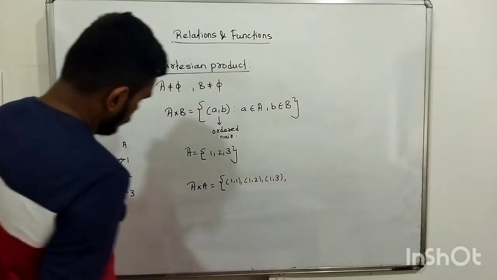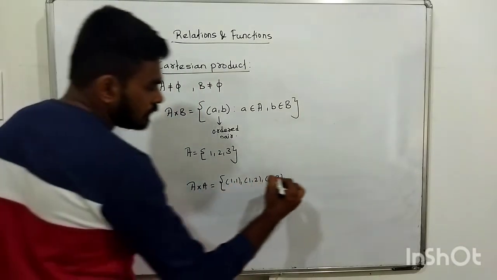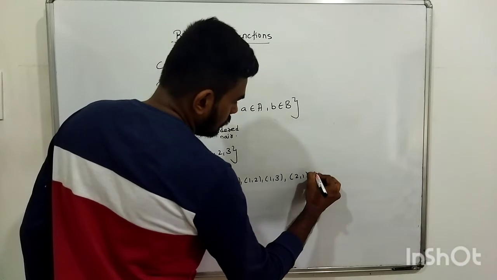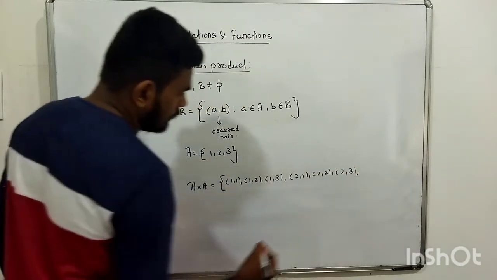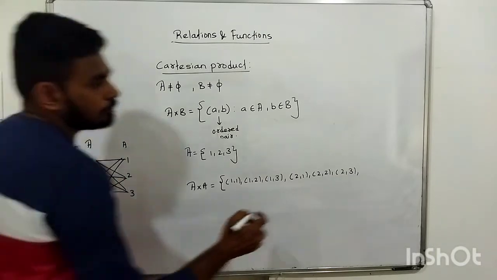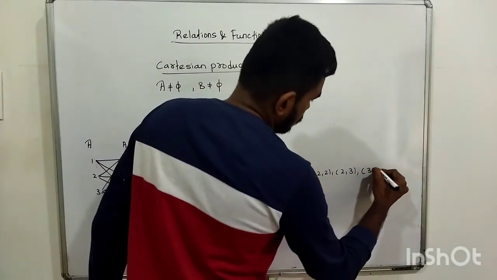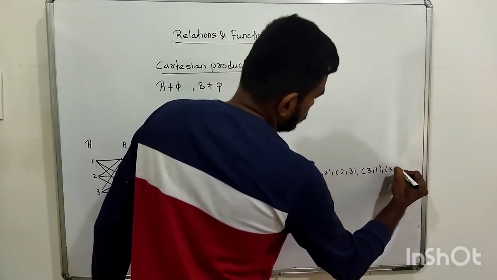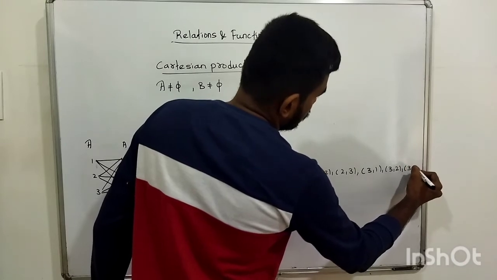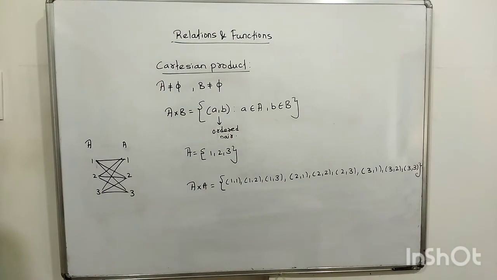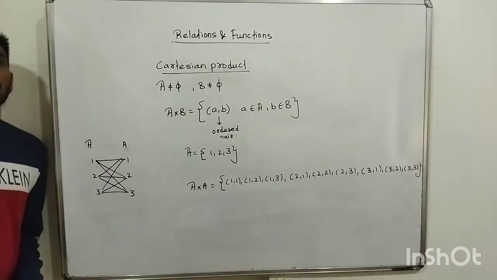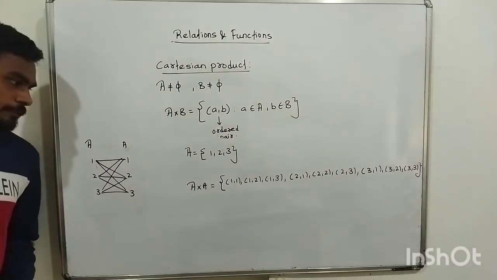Then 2, 1, 2, 2, 2, 3. And then 3, 1, 3, 2, 3, 3. So this way we get the ordered pairs.